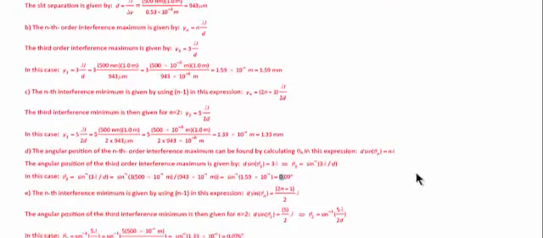Question E is asking us for the expression for the third order interference minimum. Very much like we did with the interference maximum, we are going to use the equation for the interference minima, which is d sine of theta sub n is equal to n plus 1 over 2 times lambda.